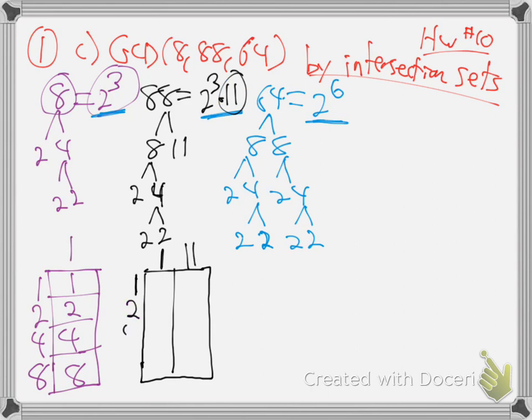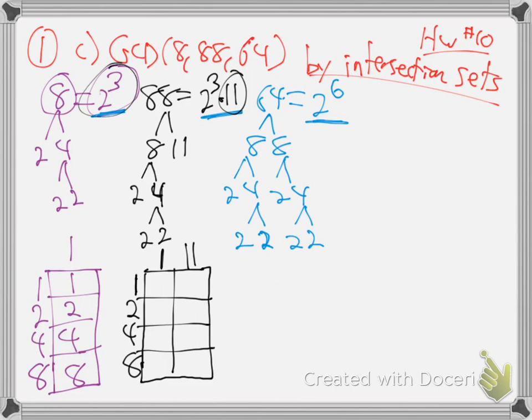Times 2, times 2, times 2. And then you just multiply all the rows and columns together. Is this making sense? For the 8, we just had a single prime, 2 to the third. So you always start with a 1 and a 1, and then you multiply one of the primes down, the other prime across, until you get to the maximum.